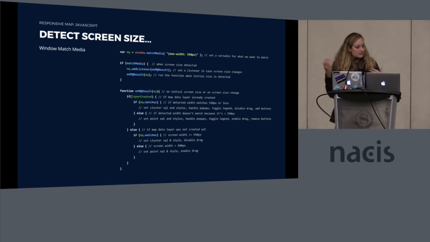But if a screen size over 550 pixels was found, like if a person is viewing the map on a desktop or a landscape tablet, we set the query to just be a simple selection and set simple point styles. We also use these window functions to trigger the addition of those mobile buttons we saw, and the addition of the proper pop-up info window templates, since those were built from HTML.